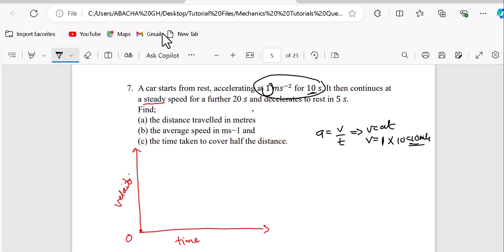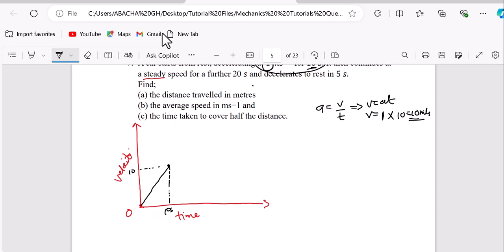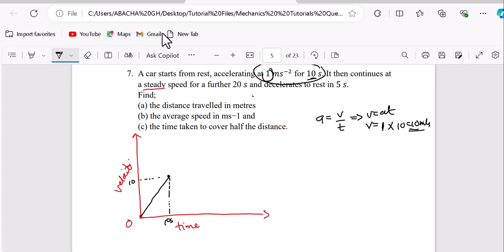So if we start to move, we move up to a point here, and that point is 10, and the time there, coming down, is also 10 seconds. So we have something like this. Then they are saying that it continues at a steady speed for 20 seconds.